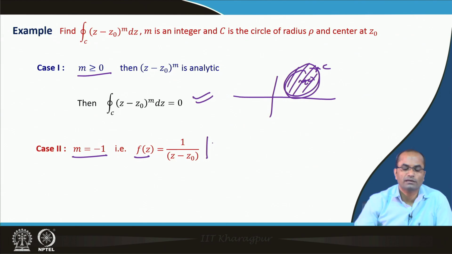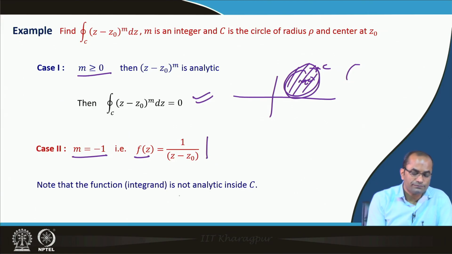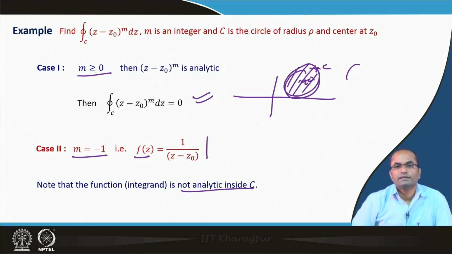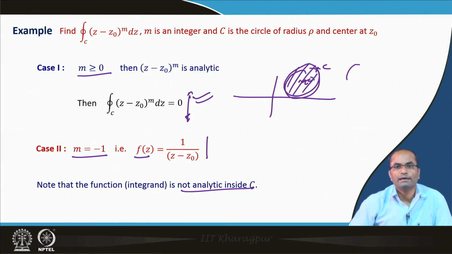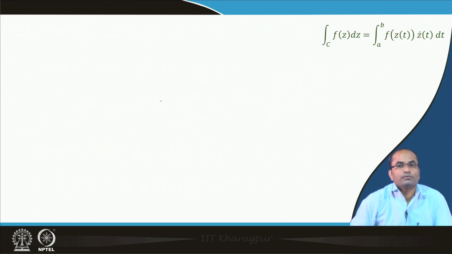So, we cannot say that the function is analytic in the whole region enclosed by the curve C. Since it is not analytic, we cannot use the above result which says that over the closed curve the value will be 0. It may be 0, it may not be 0, so we need to evaluate it using the definition, using the formula for the integral.